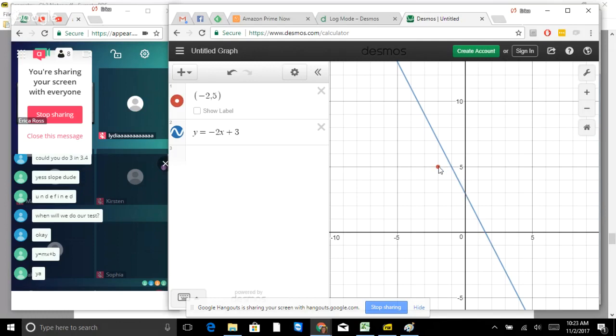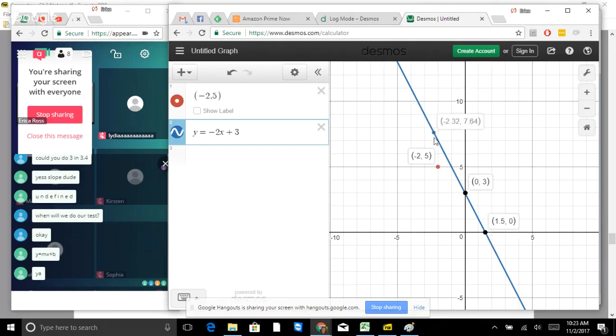Remember, when you write -2, 5, this means x equals -2, y equals 5. One of the answers to my blue equation is when x equals 0, y equals 3. Another answer is when x equals 1.5, y equals 0. Every single little point along this line is an answer to the blue equation.